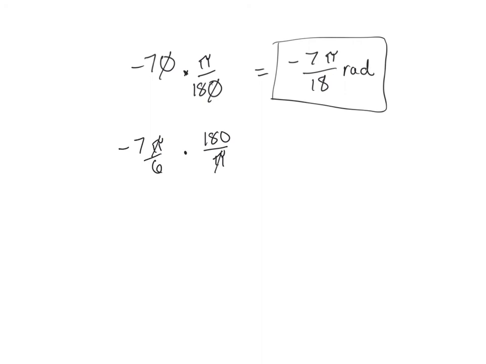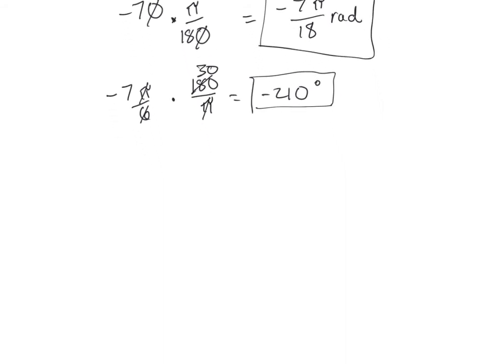I'm going to simplify before I even multiply. I know 6 times 3 is 18, so 6 goes into 180 30 times. So it is just negative 7 times 30, which is negative 210 degrees, for conversion without using any calculator. Simplify first, and then you don't need a calculator.